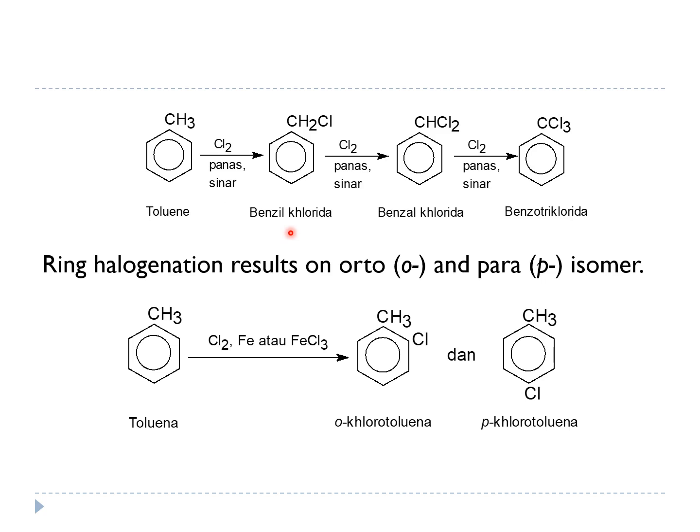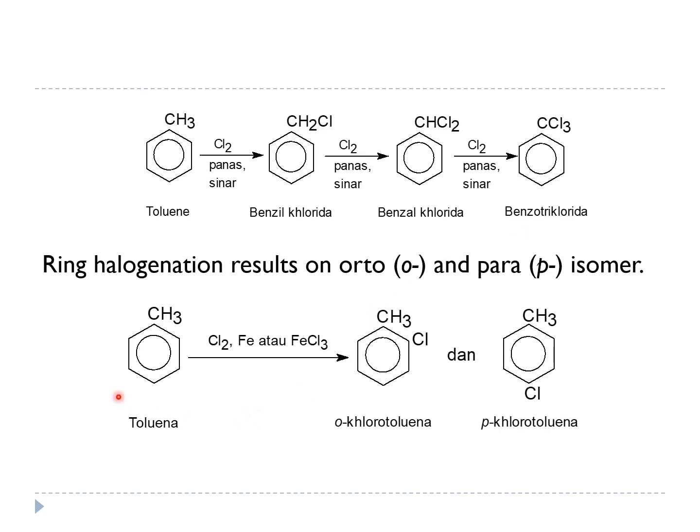And the next chlorination with heat or ultraviolet produces benzal chloride, and then the following halogenation reaction with ultraviolet or heat will produce the last product, what we call benzotrichloride.